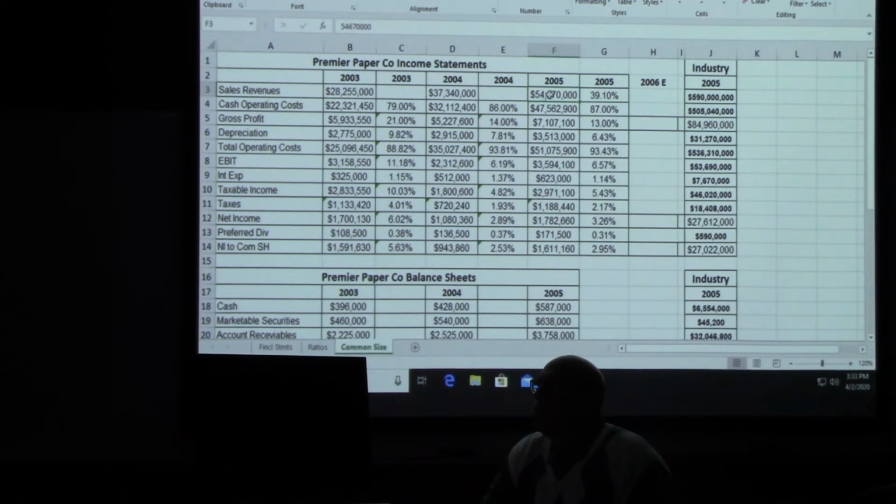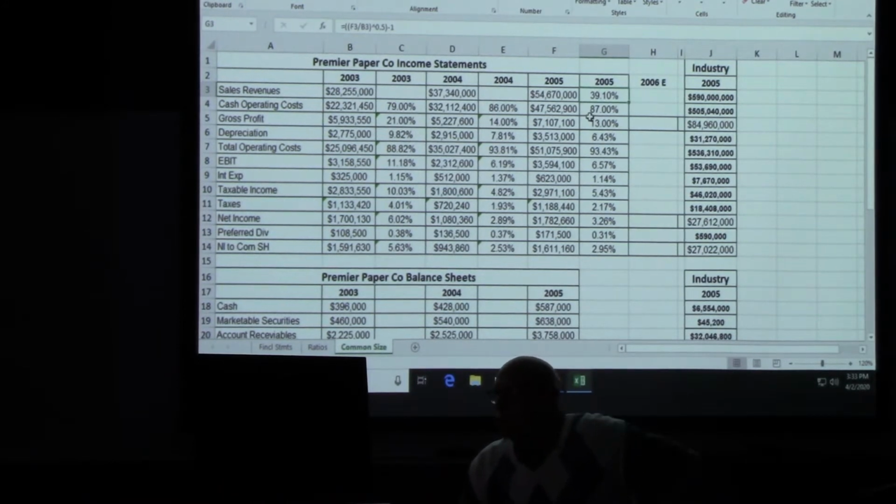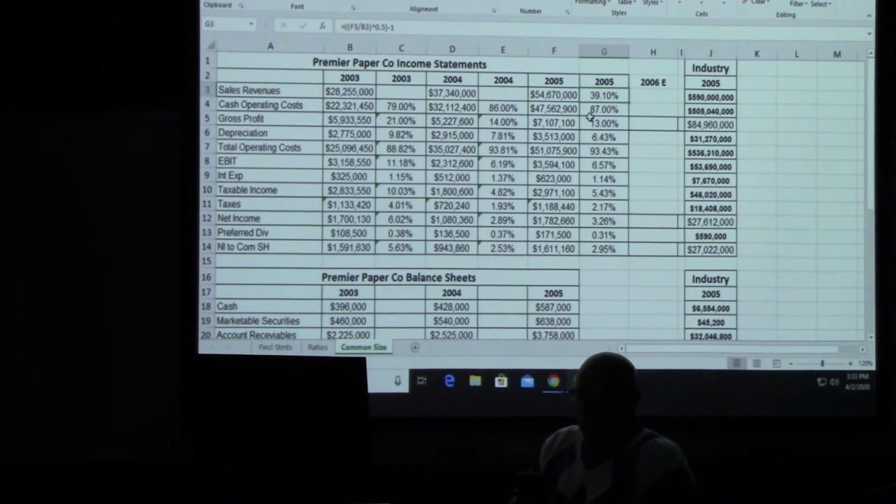Okay. Let's double check that with our calculators just to make sure, so we have different ways we can do it. Where's my calculator? There it is.